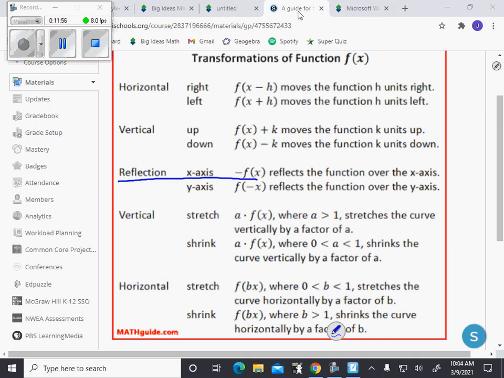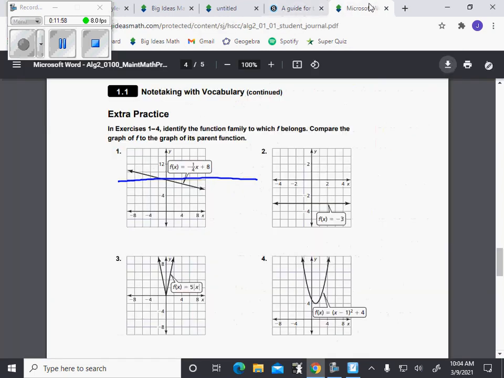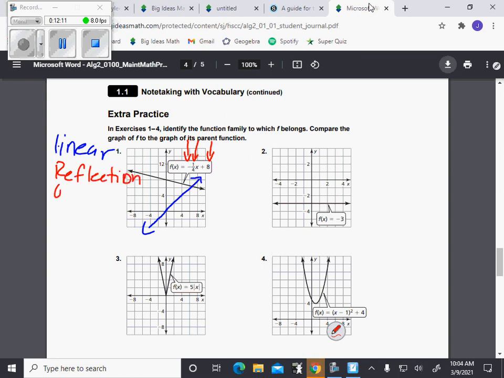When we have a negative f of x, like we do here, we have negative 1/4 x. That is a reflection over which one? The x-axis. Reflection over x-axis. The 1/4, we just talked about that. The 1/4 is a vertical shrink.